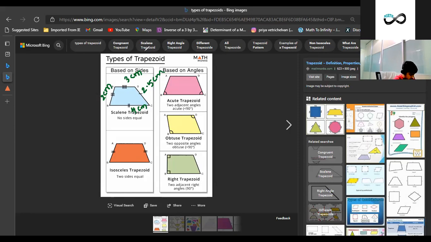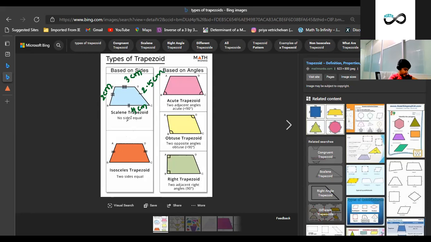Isosceles trapezoid. Okay, I'm done with the first one, based on sides.